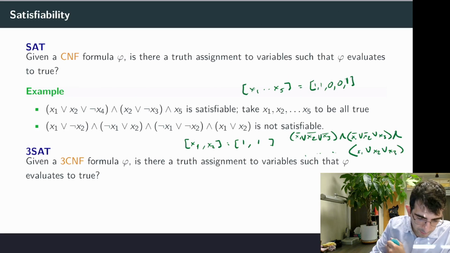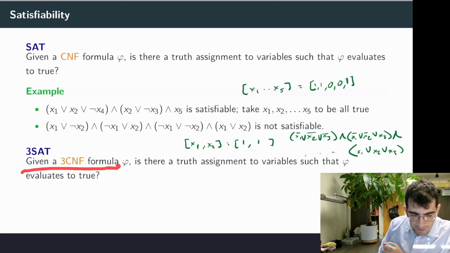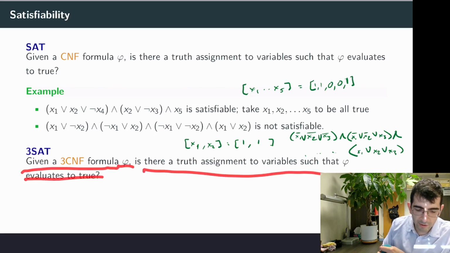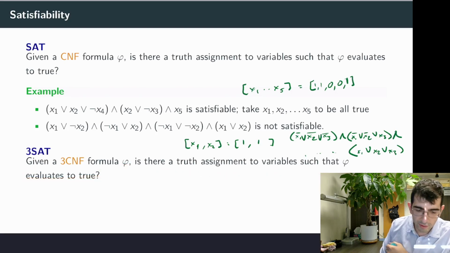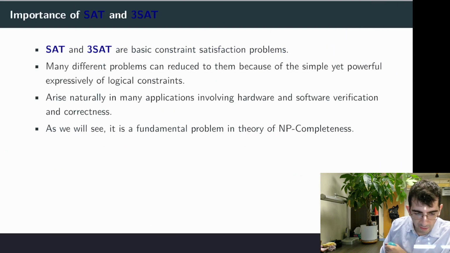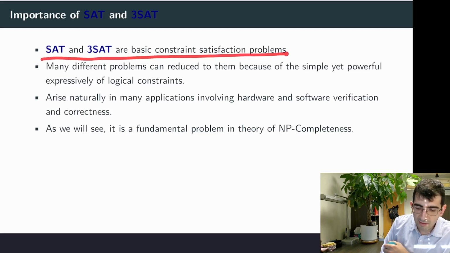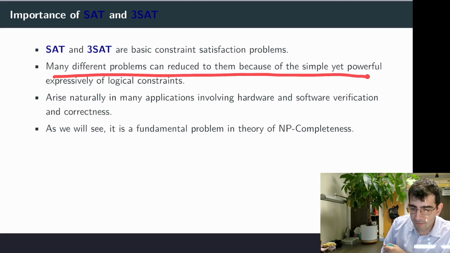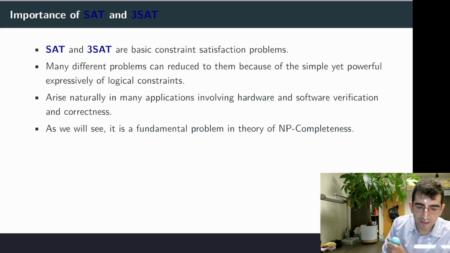So, the 3-SAT problem. Given a CNF formula, is there a truth assignment to the variables such that it evaluates to true? Yeah, we went over that. So, why is it important? SAT and 3-SAT are the basic constraint satisfaction problems, and many different problems can be reduced to SAT because of the simple yet powerful logical constraints.